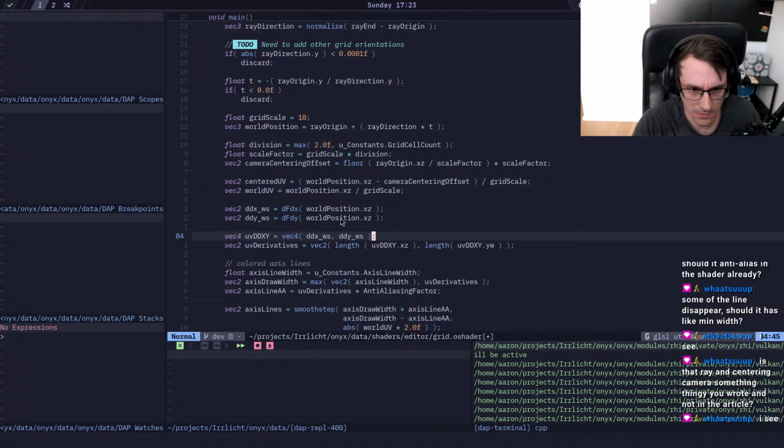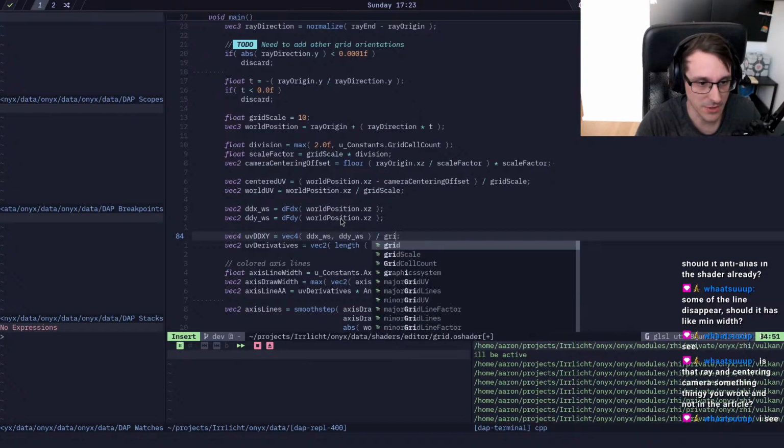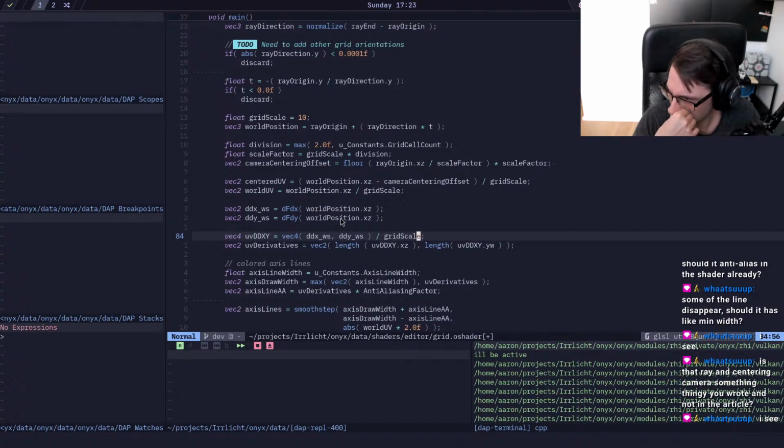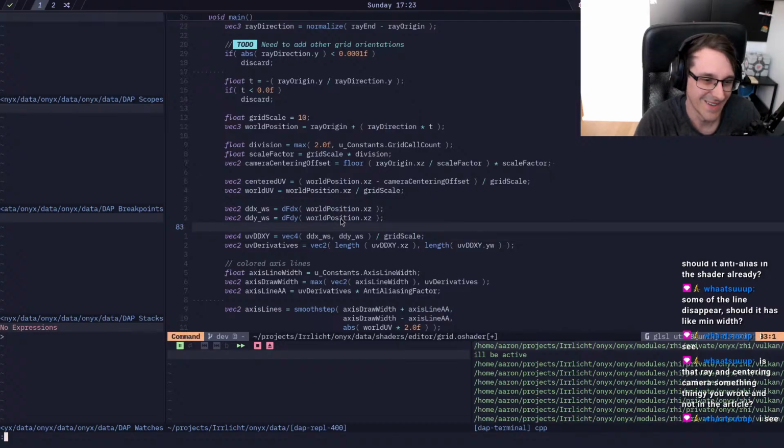And then this one I think we as well need to divide by our grid scale. I think.